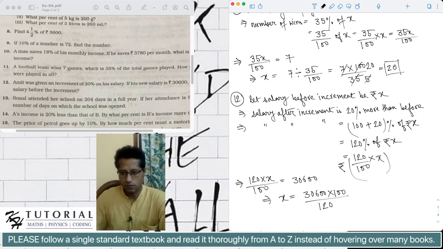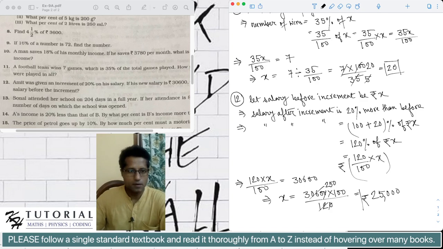Now we have to solve this. 1 zero cancels, 1 zero cancels, and 12 will divide 306 to give 25.5, so this is equal to 25,000. So the salary before increment was 25,000 rupees.